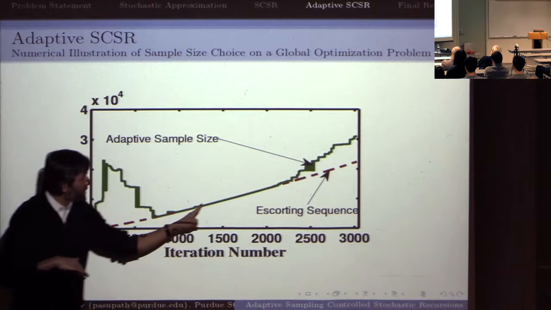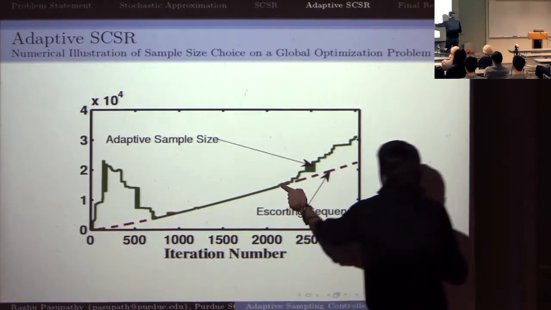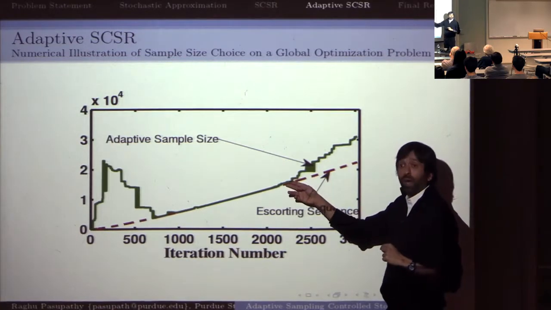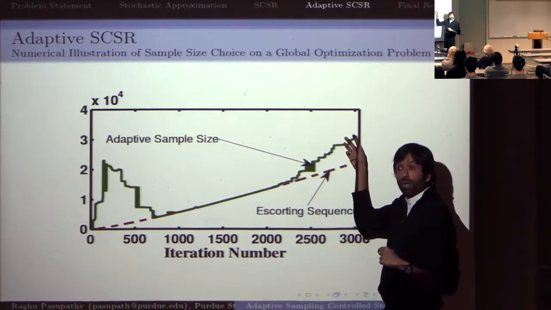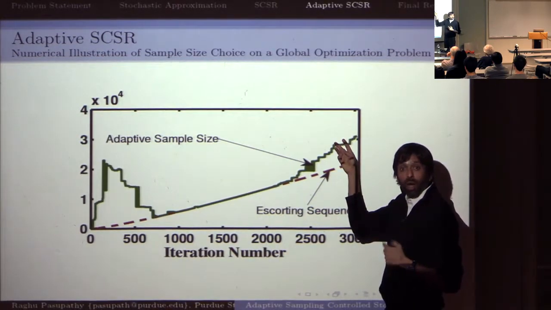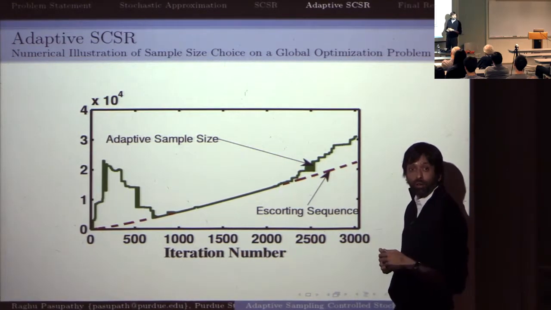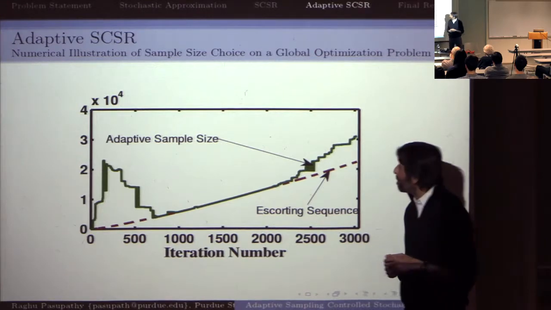So it travels right on it, and then it gets closer to another local minimum, where, for example, the sample size is forced to increase because of your adaptive sampling rule and goes up again. Exactly the sort of behavior that we wanted to see in the first place.